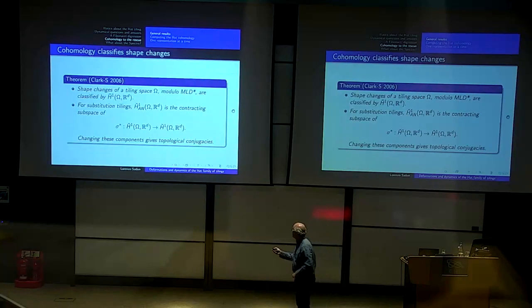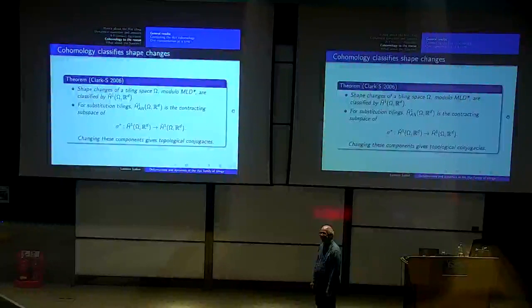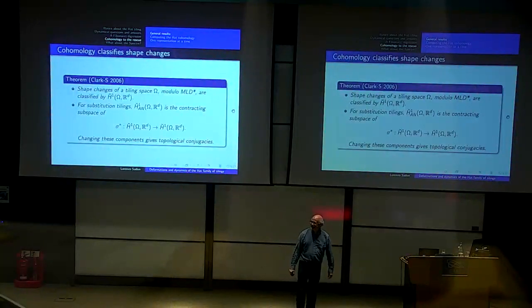I'm doing well. Okay. Now, for substitution tilings, there's a subspace that doesn't give you local equivalence, but that does give you topological conjugacies.